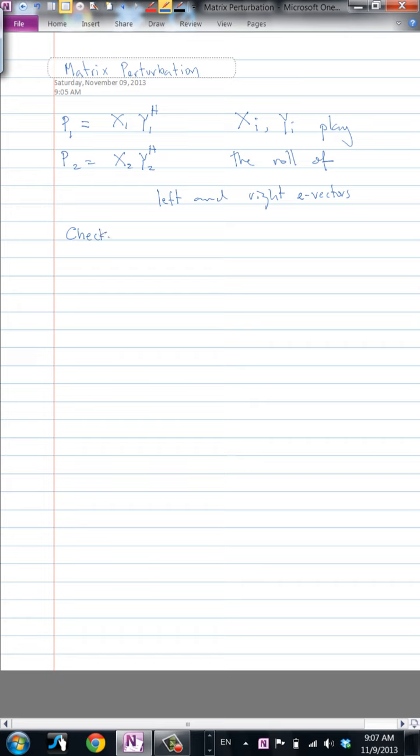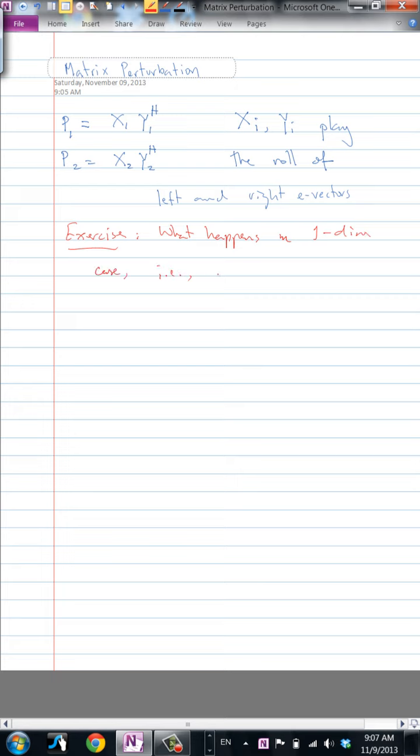So one thing that you should check, maybe I'll write this as an exercise, is what happens in the one-dimensional case.